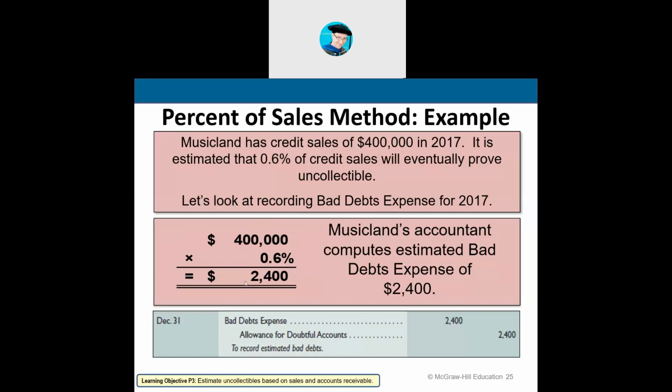This gives me a total bad debt expense, $2,400. At the end of the year, I debit bad debt expense, $2,400, to increase my bad debt expense, and I credit the allowance for doubtful accounts, $2,400. As a reminder, the allowance for doubtful accounts is an account that we use to estimate bad debt expense.